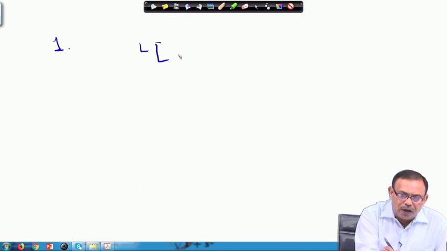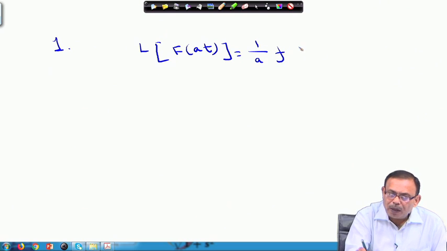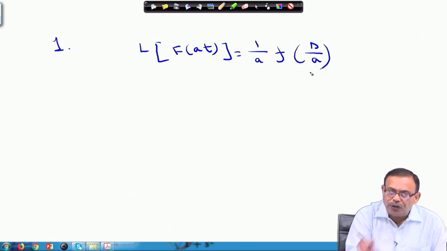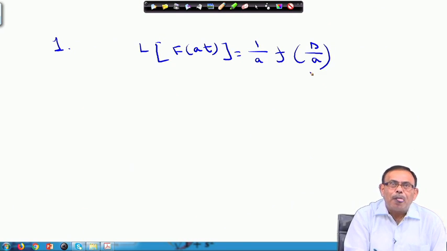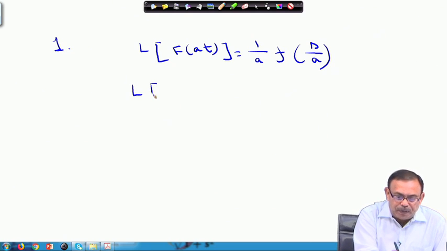Now, the next one, that is the Laplace transform of J0(at), that is number 1. You know this thing: the Laplace transform of f(at) is 1 by a times F(s by a). We know this property: if the Laplace transform of f(t) is F(s), then the Laplace transform of f(at) is 1 by a F(s by a). So, we know the Laplace transform of J0(t).